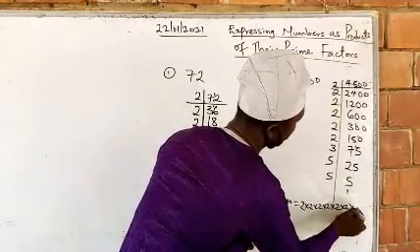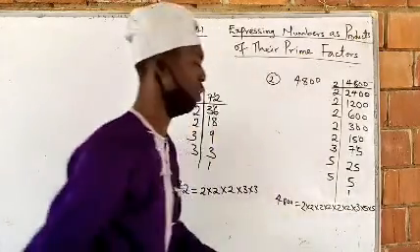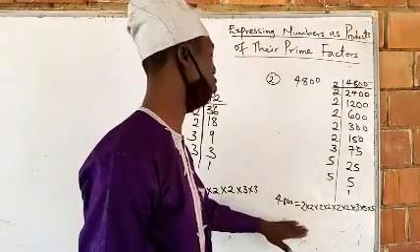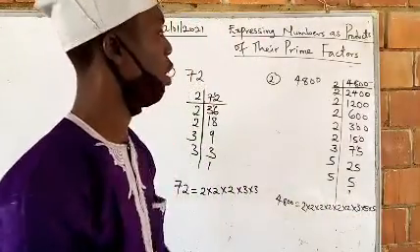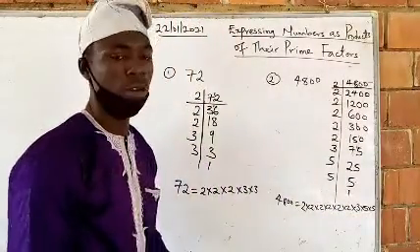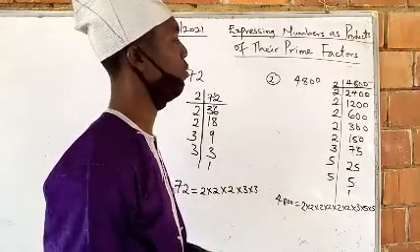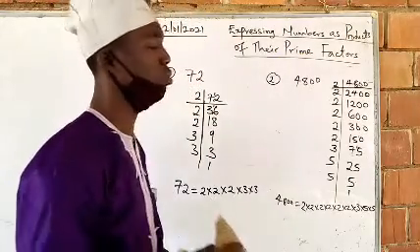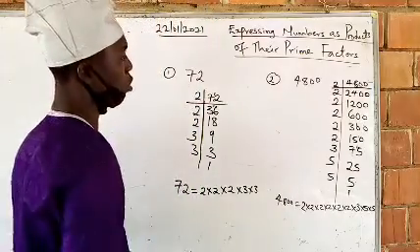Then we have 3, we have 5, we have 5 again. So with this, we have expressed 4,800 as a product of its prime factors. I believe we understand this. For better understanding of this division that we have just done, you can go back to the previous lesson on factors so that you check the rules of divisibility and know how we got all this.